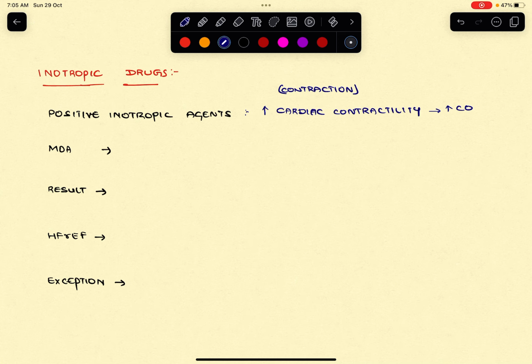So basically all these inotropic drugs, or group of drugs, are going to increase the cytoplasmic calcium concentration, which in turn will increase the cardiac contractility. So this is the basic mechanism behind the inotropic drugs.